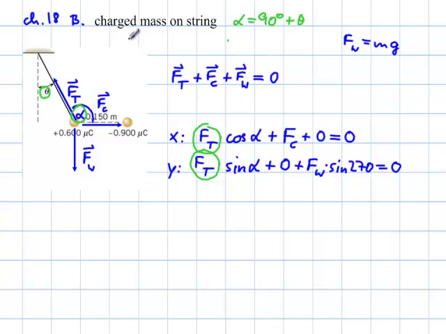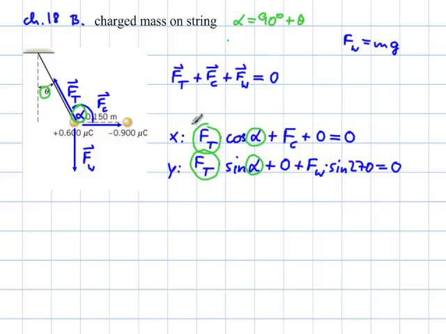Okay. So actually, oh yeah, I wanted to circle that alpha. There it is. Okay, let's see where we get started. We have both variables in both equations, so we have to eliminate something here.